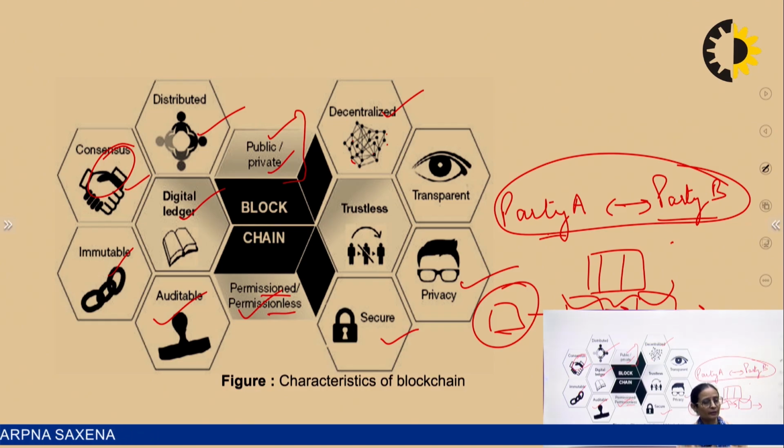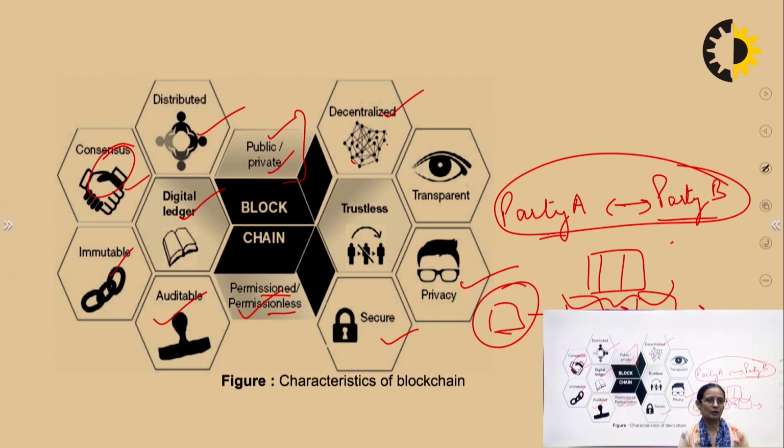So this is a private blockchain case. In the case of the consortium, we have a group of organizations with different interests that come together to form a group, and the blockchain which they share is a consortium blockchain.